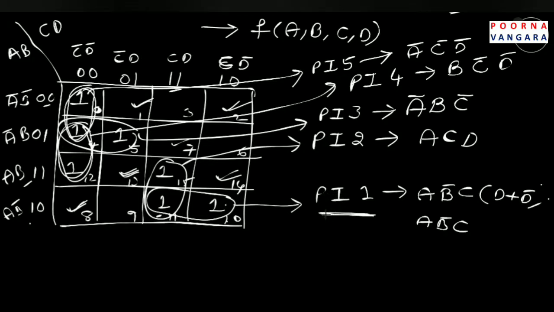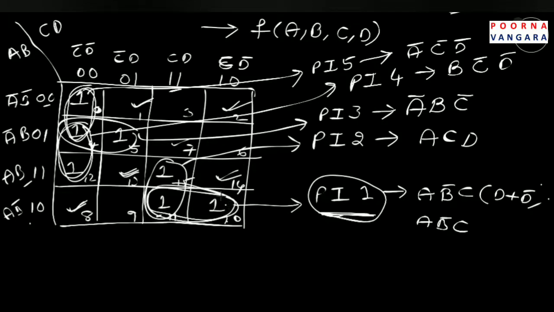If you consider prime implicant 1, the grouping is this one. In this group you have 2 ones, cell number 11 and cell number 10. Cell number 11 is covered by another prime implicant, so as of now it is not satisfying our rule. Now let us consider cell number 10.